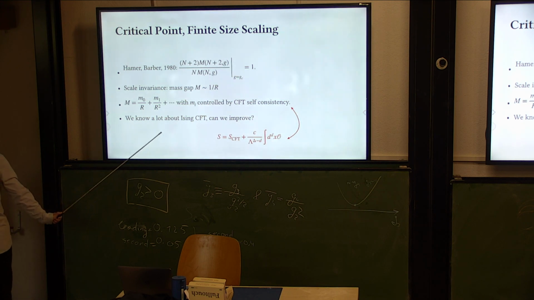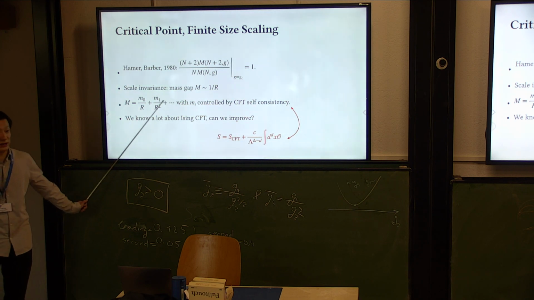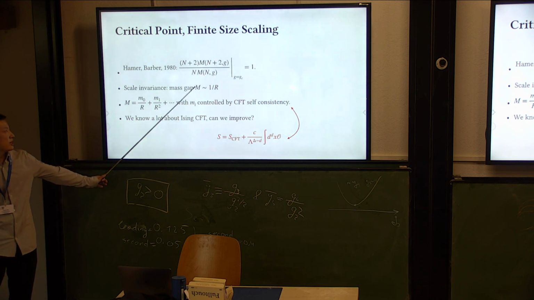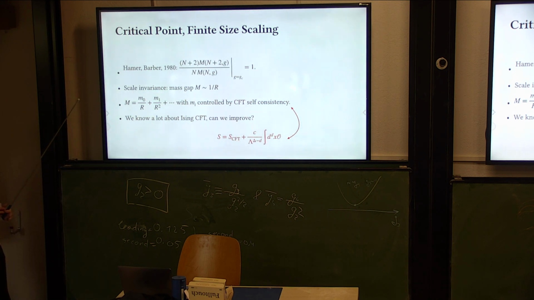So if we don't quite reach the thermodynamic limit, our mass gap will be polluted by 1 over r squared, 1 over r cubed, all these things. That means if we measure the critical point using this finite size scaling, we will make an error at the next leading order of the 1 over r expansion.